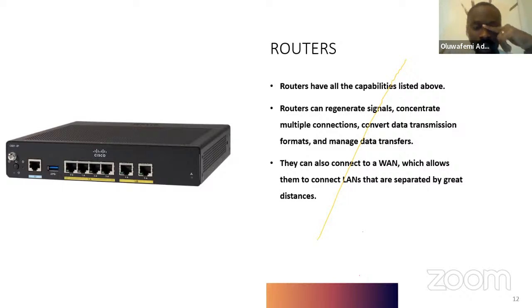You can see a router, not necessarily a Cisco router, as the name implies, it routes you to your destination. It's the one that knows the best path for you to get to your destination. That is what a router does. Your switch is normally on a LAN, a local area network within the house.